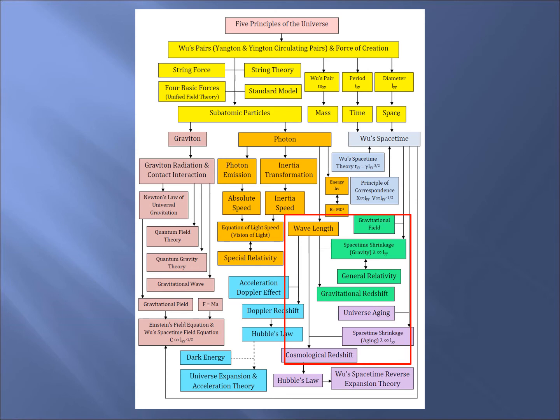Now let's focus on the cosmological redshift and the gravitational redshift. When the universe was young, both Wood's unit length Lyy equals 2r and Wood's unit time Tyy equals capital T, the period, were bigger, which means the length was longer, time ran slower, and the velocity was slower compared to that on Earth today.